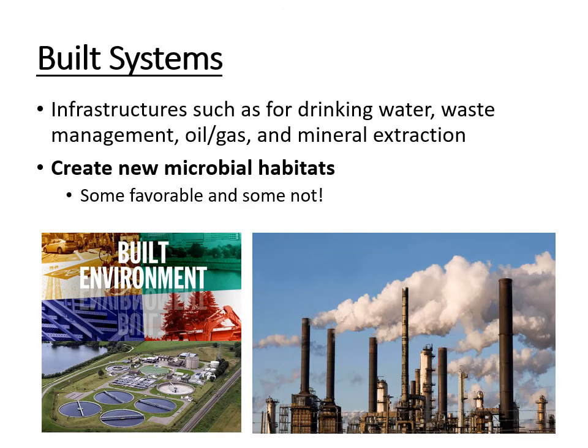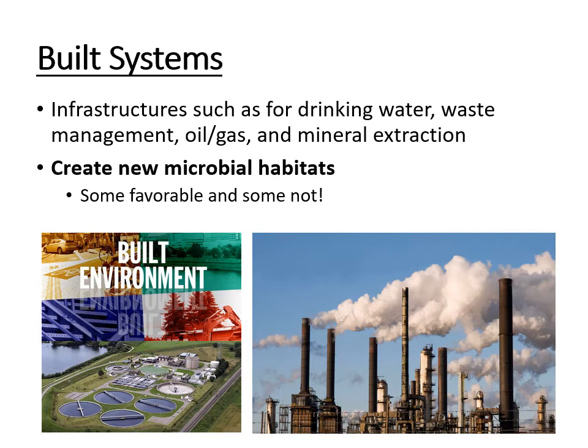Okay, so when you think of all of these built systems, these infrastructures, you have to think of what's going on. An example of not favorable is the corrosion of pipelines. It's a natural process of microbes, simply exploiting the resources provided by the built environment. You've now put all of these pipes all over the place, and microbes love to oxidize metals.